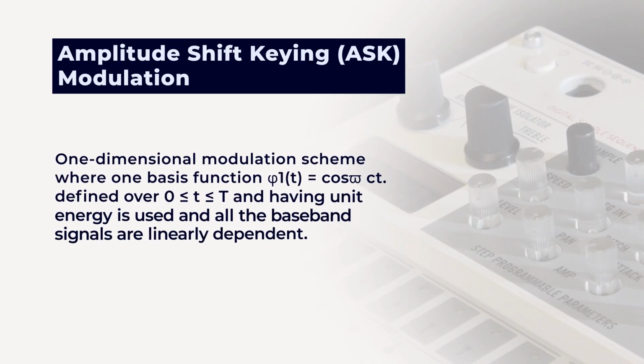One can describe this scheme of modulation as a one-dimensional modulation scheme where one basis function, that is φ(t) = √(2/T) cos(ω_c t), defined over 0 ≤ t ≤ T and having unit energy, is used and all the baseband signals are linearly dependent.